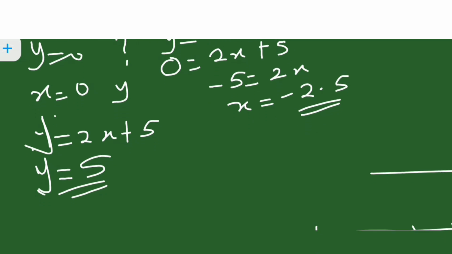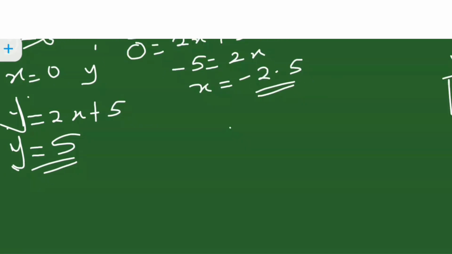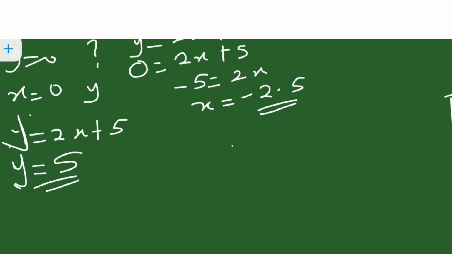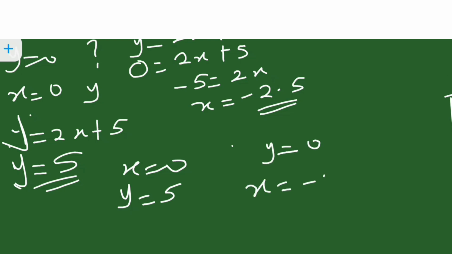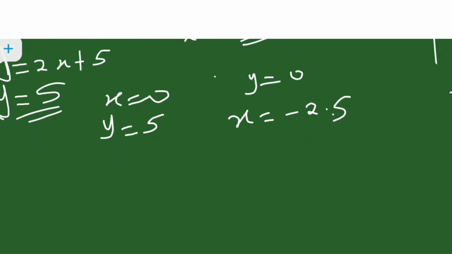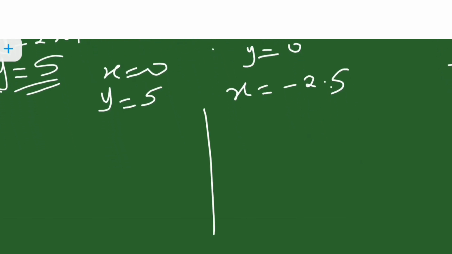So you can now sketch it. To make the sketching easy for you to understand, you can just bring out the values of x and y. So when x is 0, your y is 5, and when y is 0, your x is minus 2.5. So let's draw the graph now. You can just draw a line like this. So this is y.